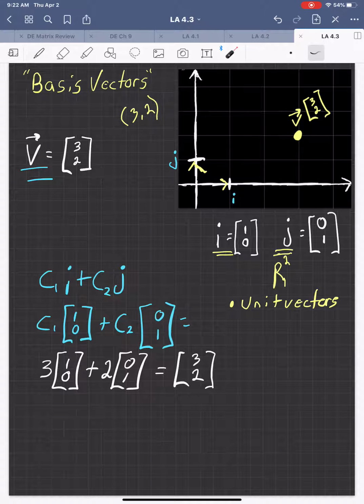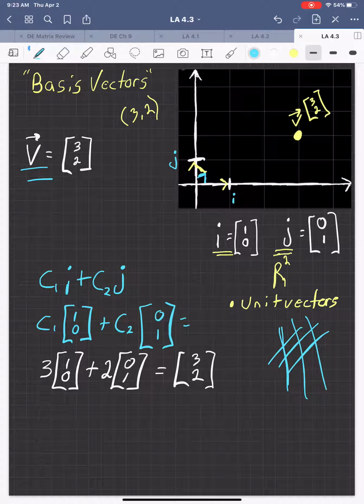The reason why I and j are so prevalent and so important is, one, because they have a magnitude of 1, and two, because you have that nice 90 degrees of separation. If I just randomly chose two other vectors, you would be graphing with very odd looking coordinate systems, right?